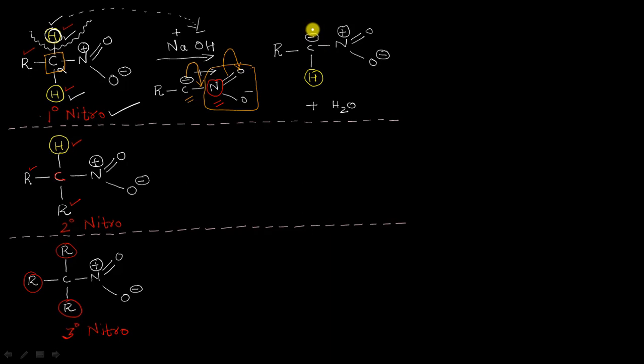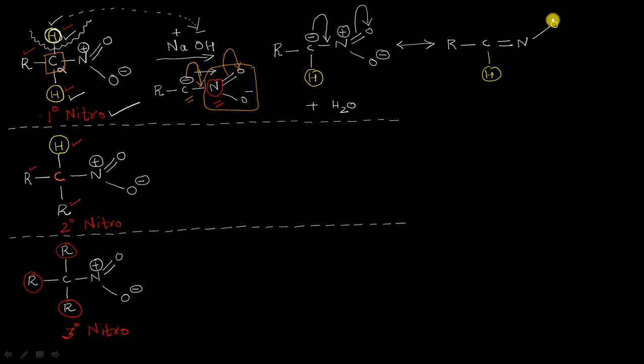After that, this negative charge is present in resonance like this, such that we can show the second resonating structure, which will be something like this. A single bond now becomes a double bond here.